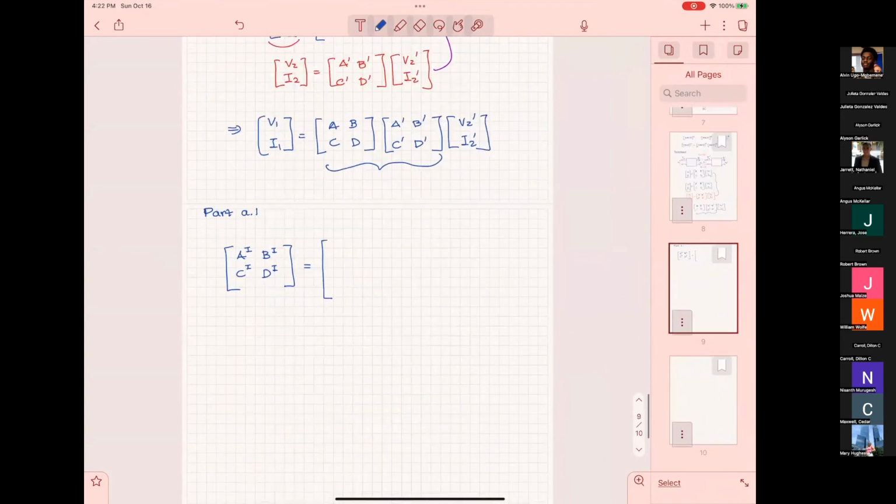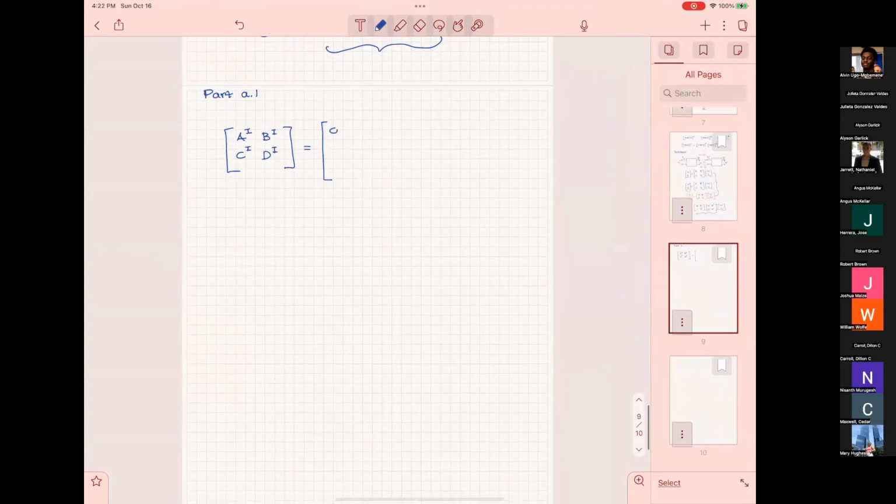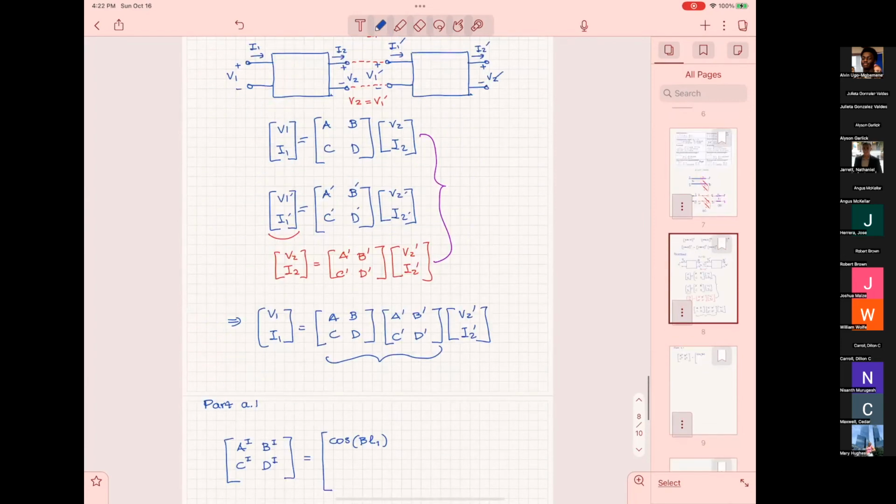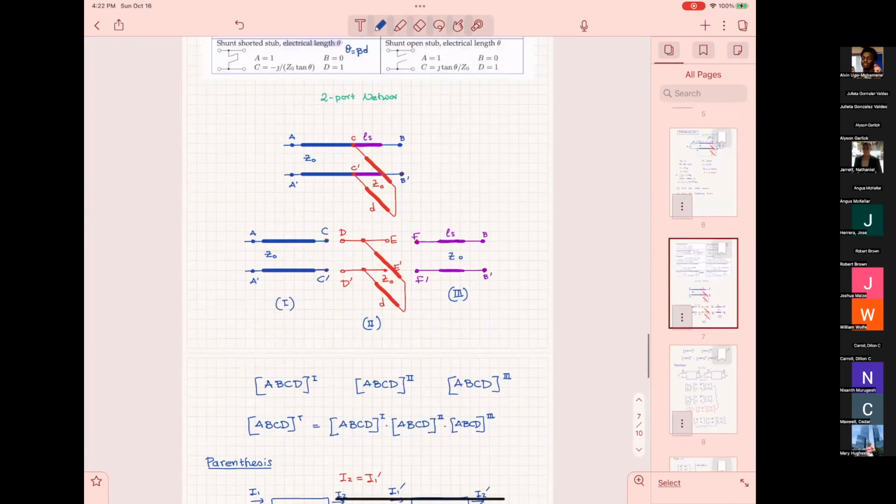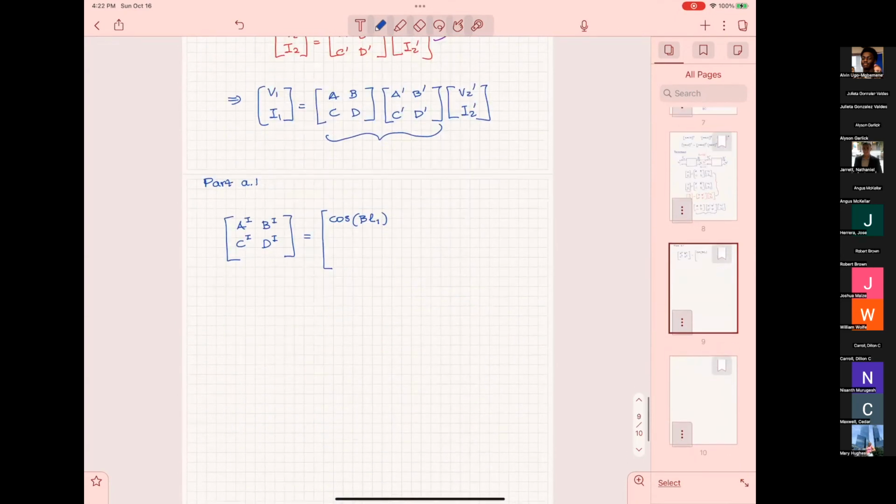Correct me if I make a mistake, beta. But then I will call that L1 because the L of the line here, this one, which is L1. This L1 is L minus L sub S. You know, it's not a full line from the beginning. That's why I will call it like that.